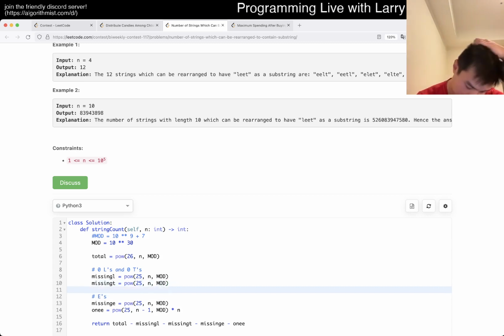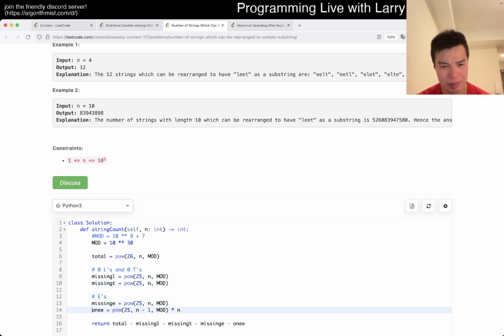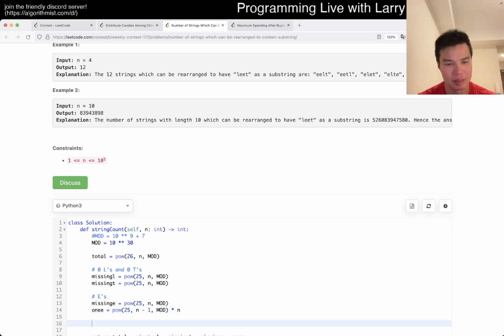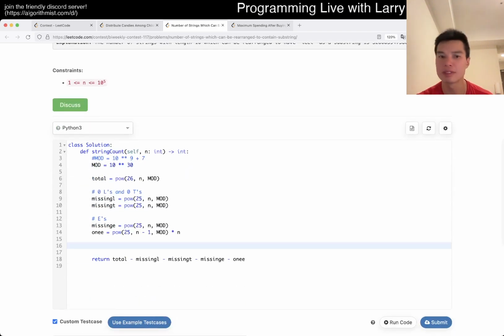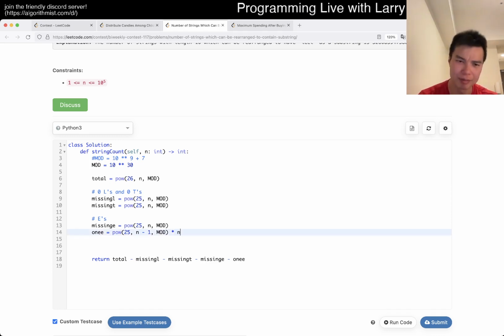I mean, I know I have to do inclusion exclusion, but this seems pretty big. Is this the right path? All right, well, for example, if this is 4, then it's just 26 to the 4th minus no L's. I mean, this seems right. So for the missing Y, this is definitely right. 1 Y is going to be 3 times... yeah, this should be right.